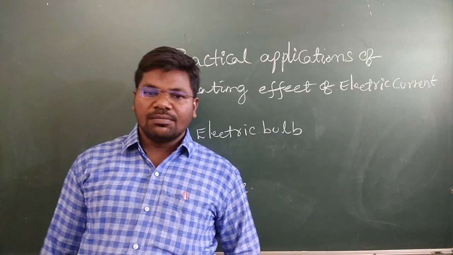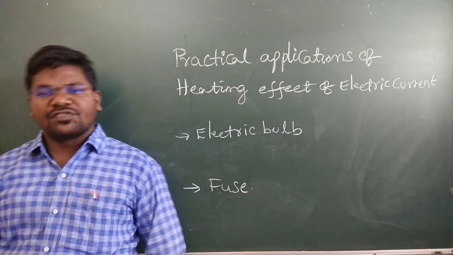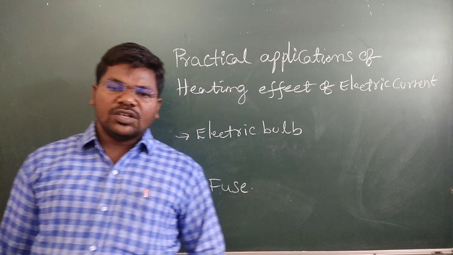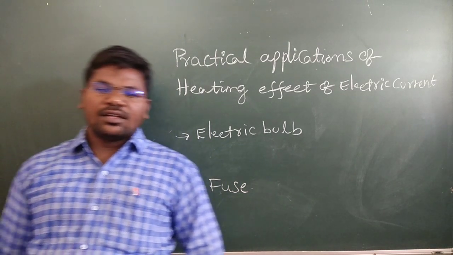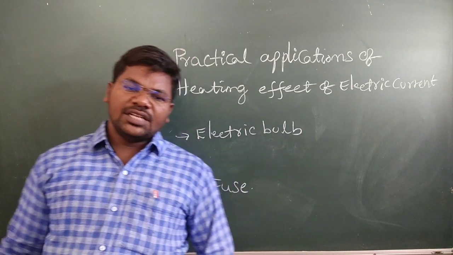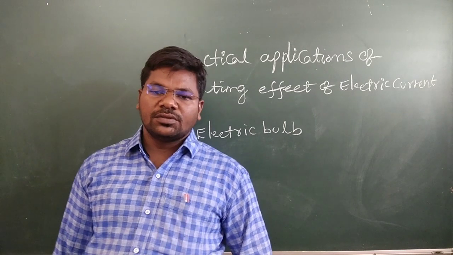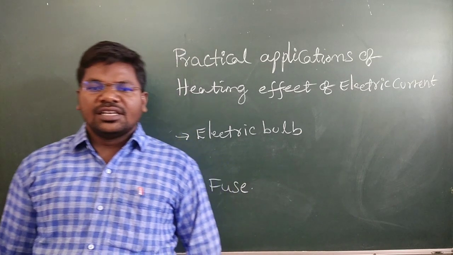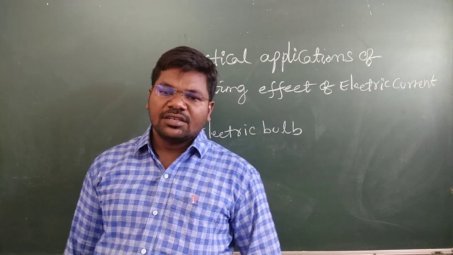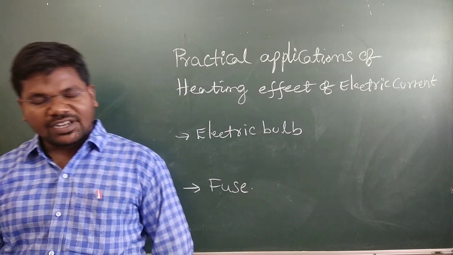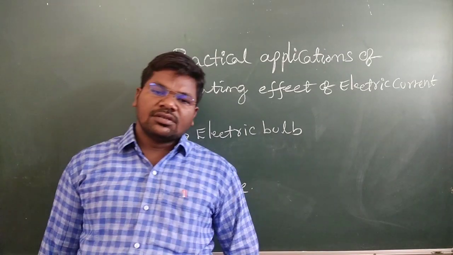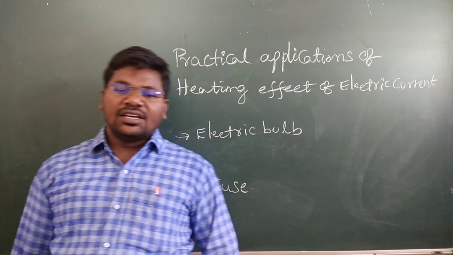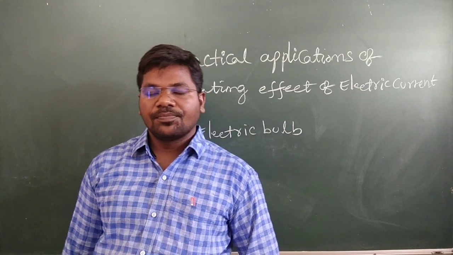Coming to the electric bulb, the filament is made up of tungsten. Most of the power consumed by this filament is dissipated in the form of heat and some part is converted into light, because it has high resistivity and high melting point.